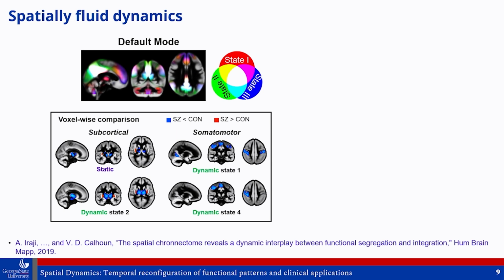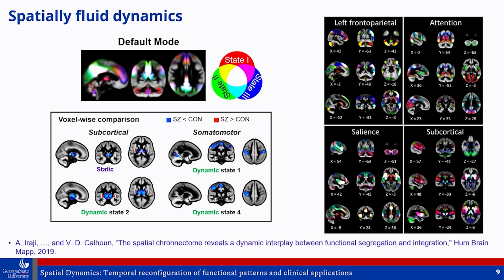But when we move to the dynamic analysis, we can see a huge part of the subcortical shows group differences. So what is happening here is, when we do a static analysis, we kind of average out these differences that exist. Here we are lucky, we still see some differences in the static analysis. But if we look at the somatomotor network, static analysis didn't show any group differences, while we are seeing huge differences in dynamic states 1 and 4.